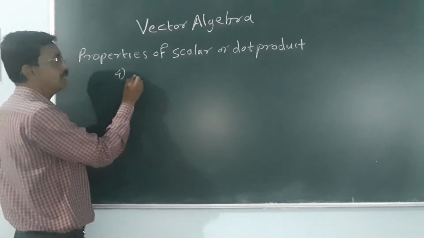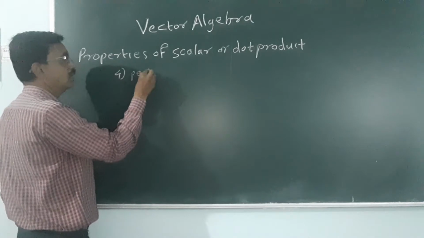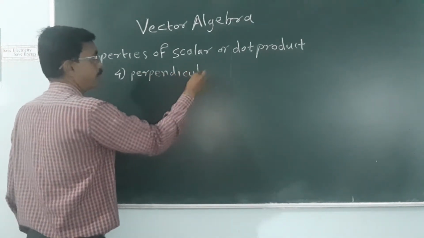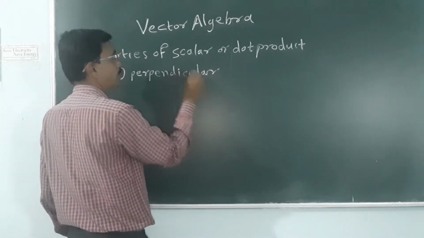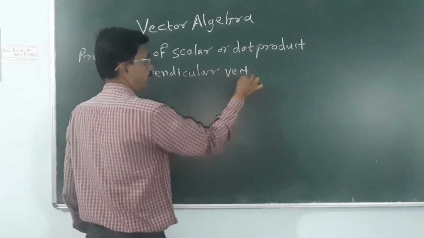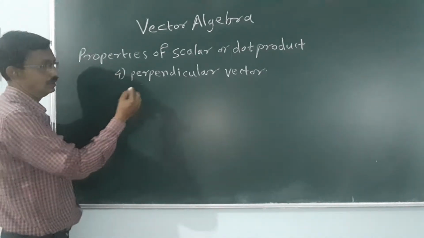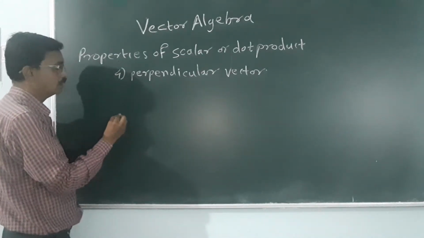The fourth property is perpendicular vector. So let us try to understand the property of perpendicular vector.